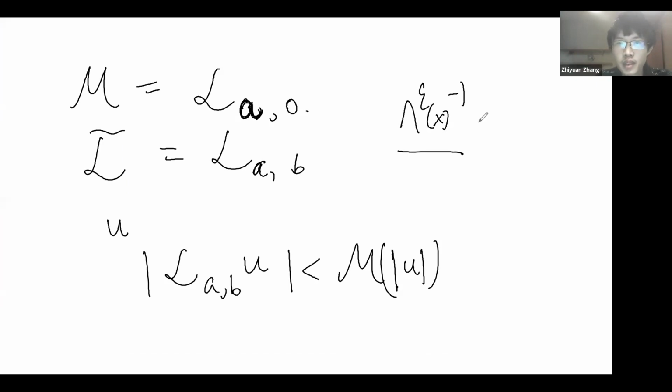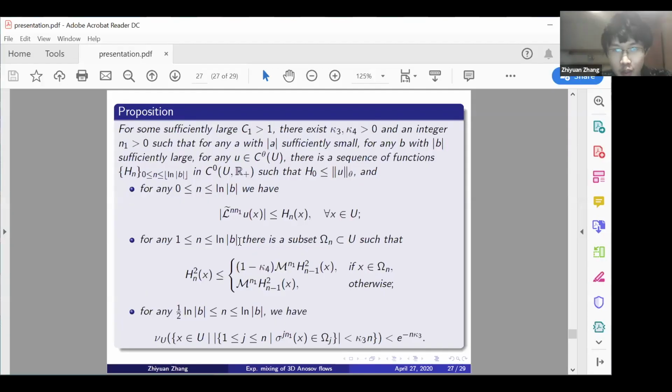So maybe the good answer is that we construct some scale so that we can find a set on which you can show this estimate, and also this set is relatively big, in the sense that a lot of points run into this sequence of sets with a definite frequency. If you have this, then you have an exponential decay.